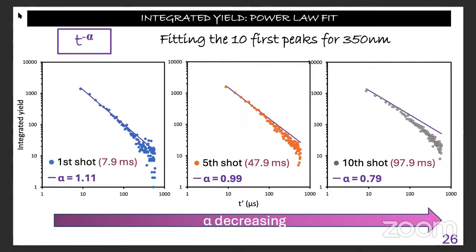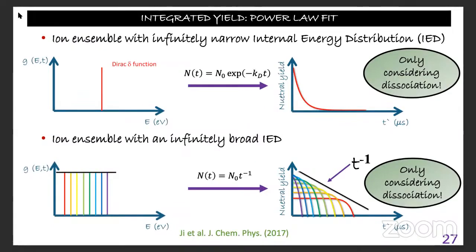To try to understand what this could mean, let me introduce these two extreme cases for the internal energy distribution. At one extreme, imagine that we have a well-defined energy, that is, a delta function. In this case, we should observe a pure exponential decay of our neutral yield as a function of T prime, if only dissociation is active. At the other extreme, imagine that we have an infinitely broad internal energy distribution.